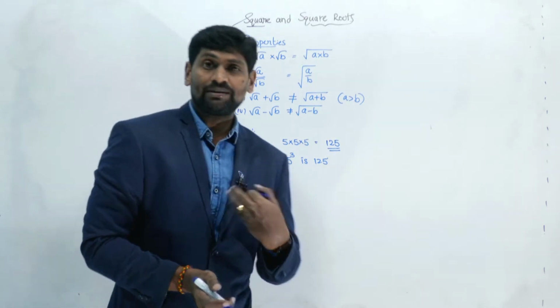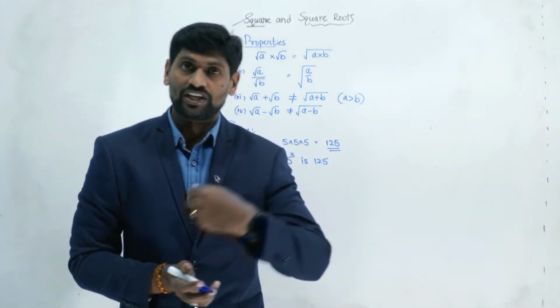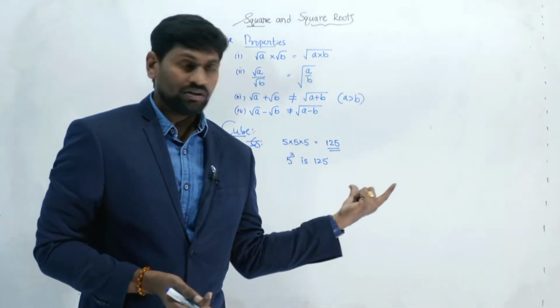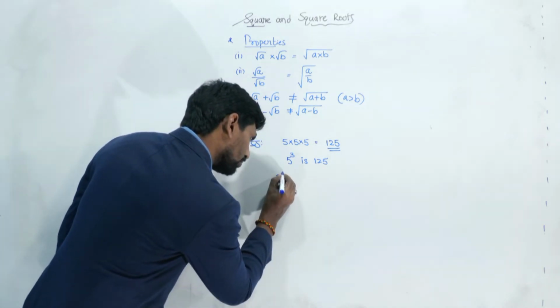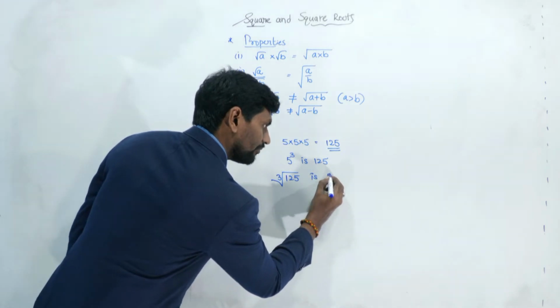Just like we discussed that square root is the inverse operation of a square number, in the same way cube root is the inverse operation of a cube number. We write it like this: cube root of 125 is 5.